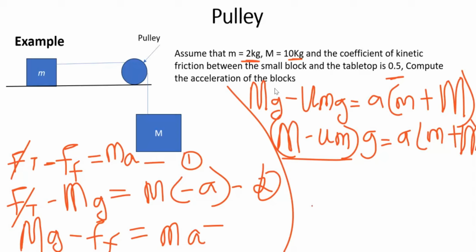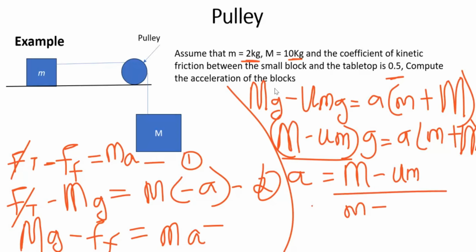Now we're looking for the acceleration, so we make acceleration the subject of the formula. So A will be equal to big M minus mu m over m plus big M, times g. When we substitute the values, big M is 10 minus mu, which is 0.5, times 2 kg.